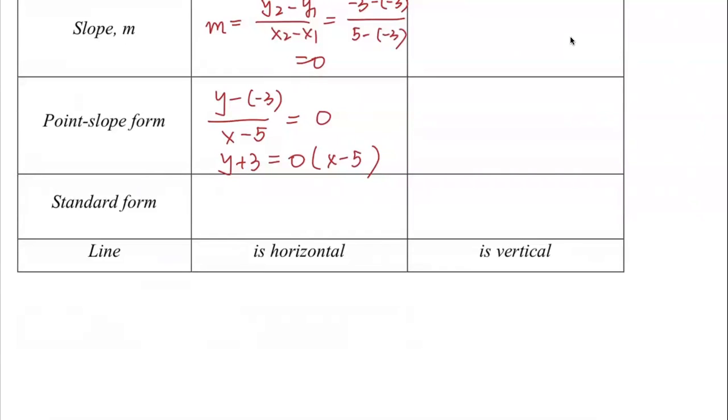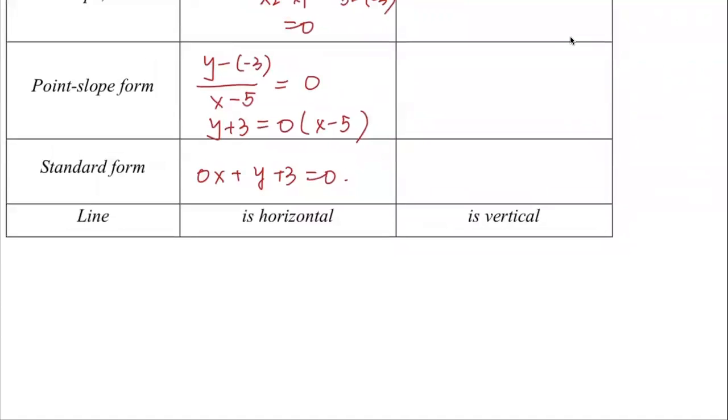Now we know this side is equal to 0, right? So the standard form is just 0x plus y plus 3 is equal to 0. So it's just y plus 3 is equal to 0. And we know this line is horizontal. Okay, this line is horizontal.